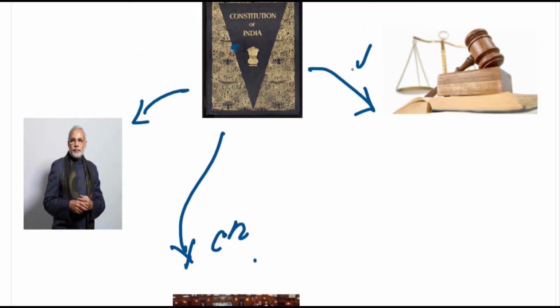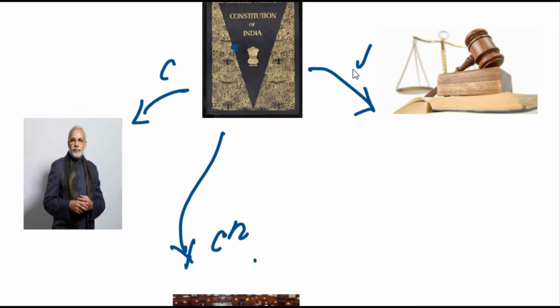So now we can also say that the Constitution creates the executive, the legislature and the judiciary, and it also enables them by empowering them. The executive is empowered to implement, the legislature is empowered to legislate, and the judiciary is empowered to adjudicate.